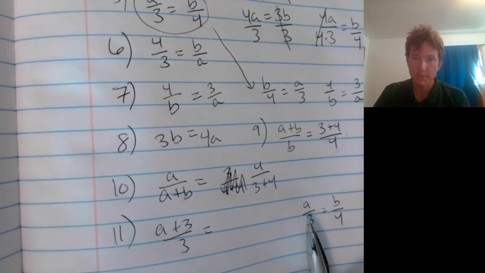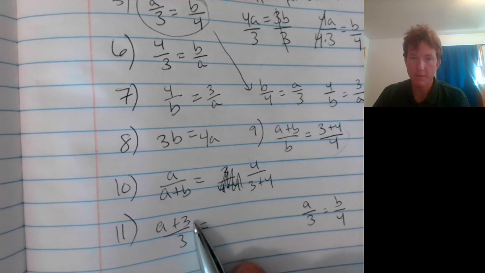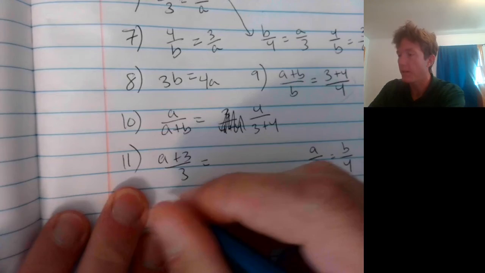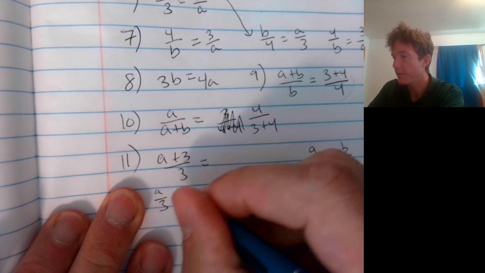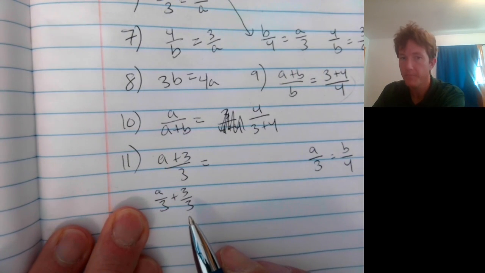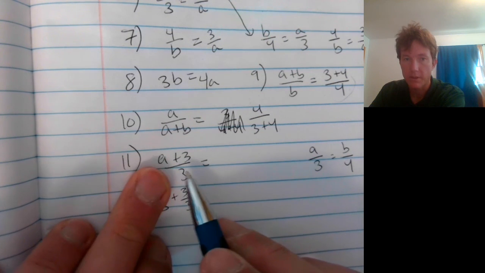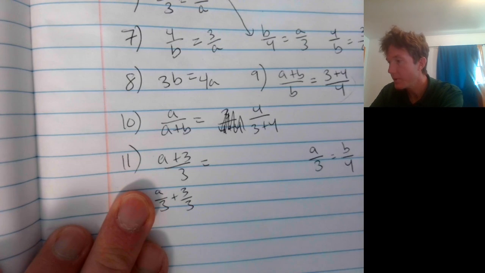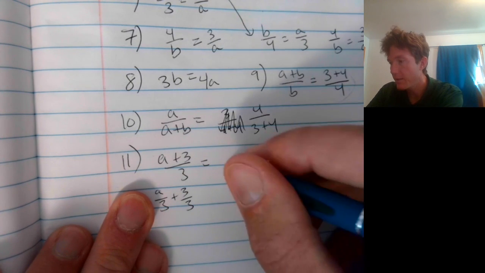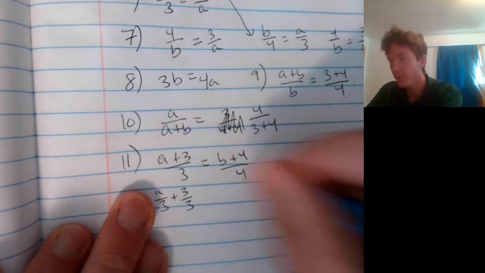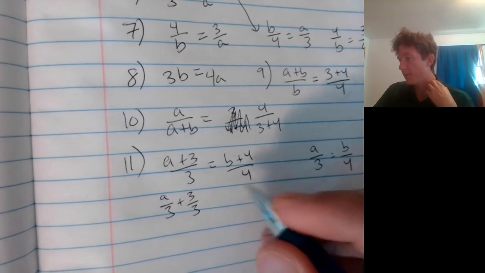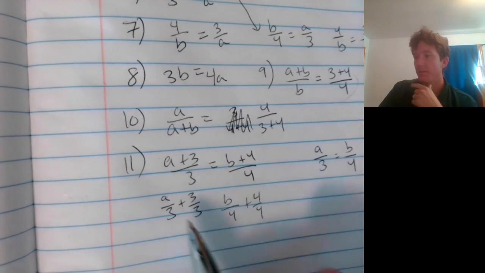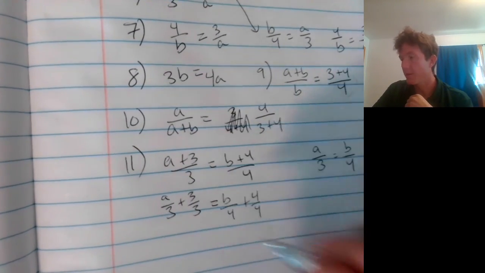Notice how they've added 3 over 3. I can split this fraction into a over 3 plus 3 over 3. So I'm really just adding 1 to this mix. And then I've simplified it down here to one denominator. If I were to do that to the right side, I would say b plus 4 over 4. Why? Because this here is b over 4 plus 4 over 4. So I'm adding 1 to both sides. So these are equivalent statements.